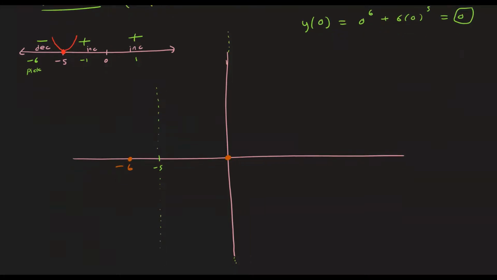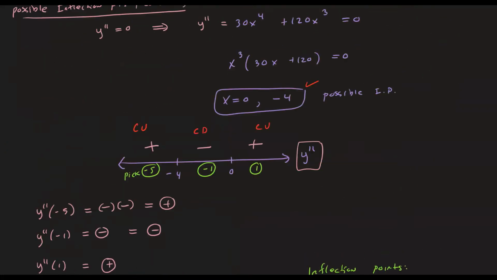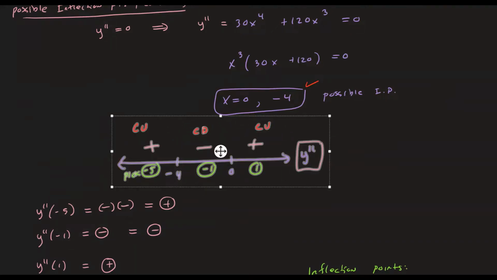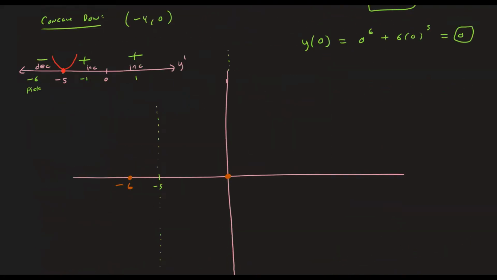And now let's take a look at the second derivative test. So this was the first derivative test, and now the second derivative is right here. That was concavity. So I will also take this downstairs and analyze it. You always want to put the first and second derivative together, so it's easier to work with.